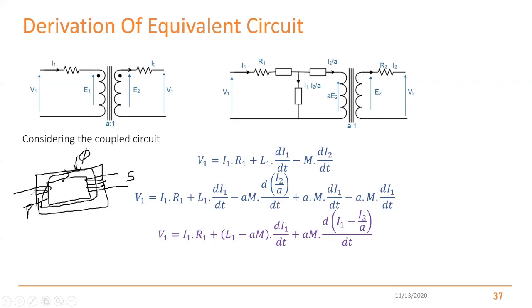Actually what happened is the primary earlier developed some flux phi1. Then if there is a current in the secondary, there will be another flux produced by the secondary called phi2. Likewise this is happening at both locations. This produces some flux and this produces an opposing flux to that.